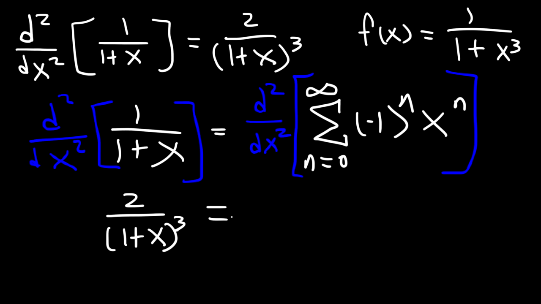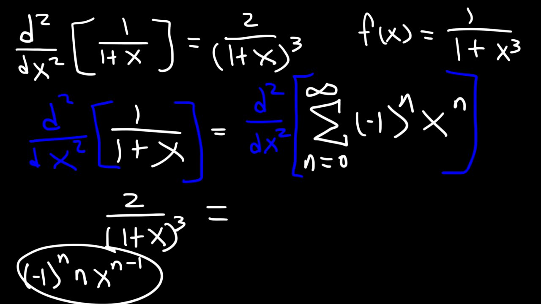On the right side, we need to find the derivative of this expression twice. So what is the derivative of negative 1 to the n times x to the n? Well, we need to recognize that n is a constant, x is the variable. So first we need to rewrite the constant and then take the derivative of x to the n, which is n times x raised to the n minus 1. So this is the first derivative.